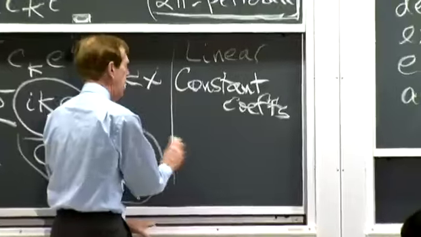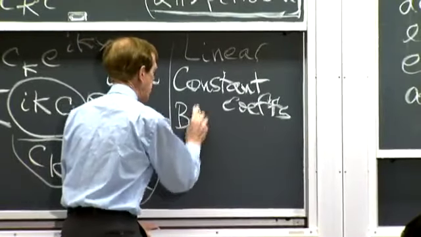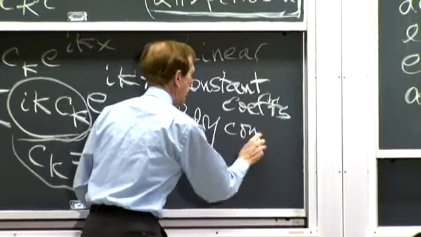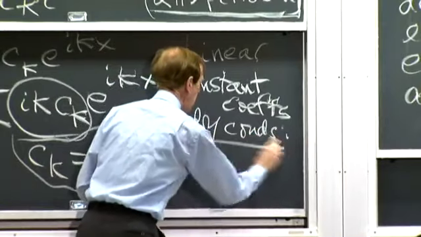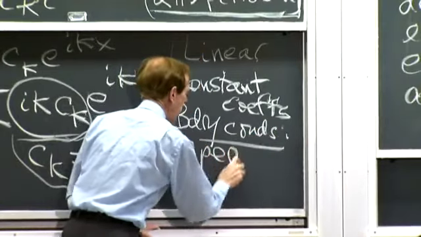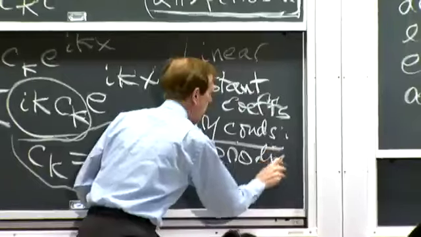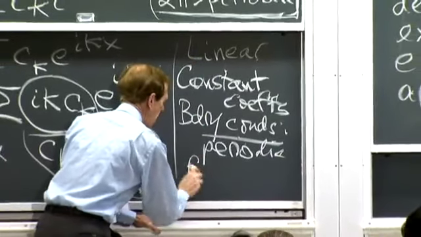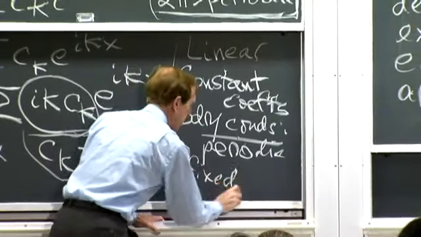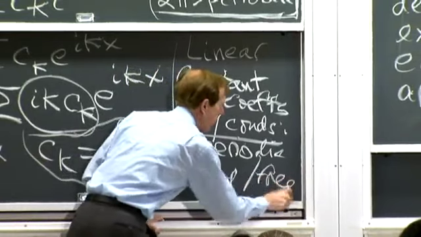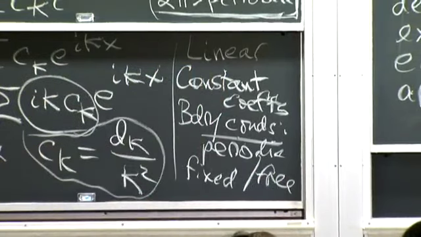So the boundary conditions, let me just say, periodic would be great, or we can sometimes do fixed-free. Our familiar ones, at least in simple cases, can be dealt with.